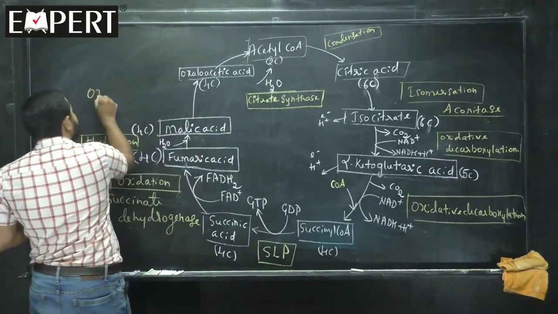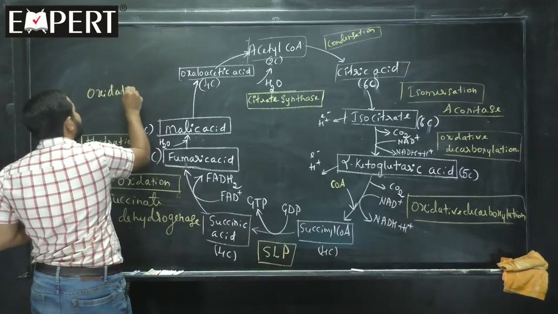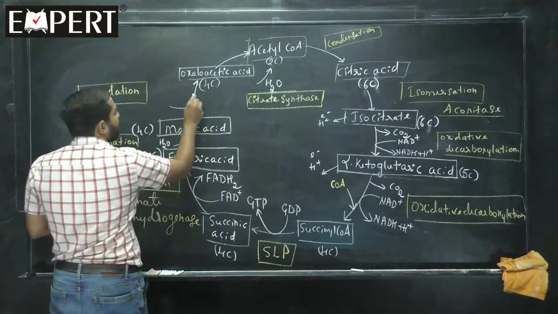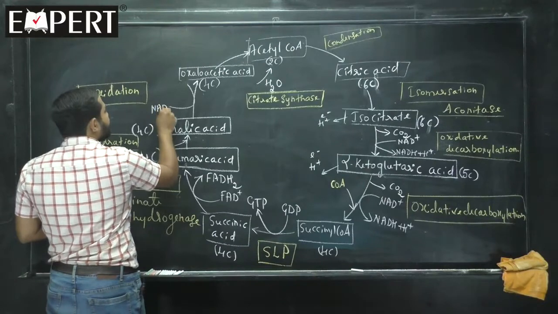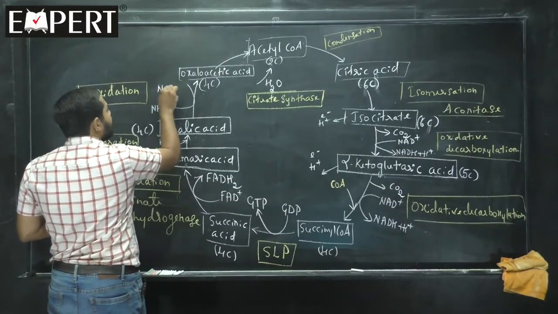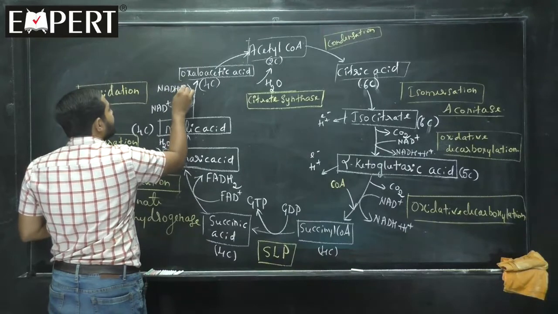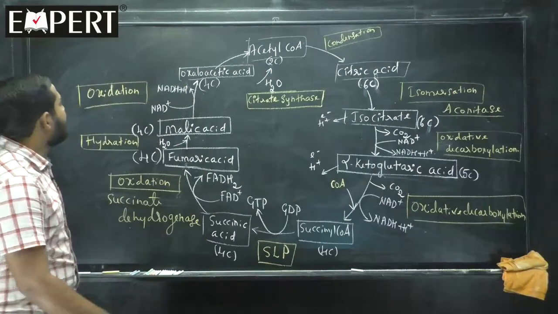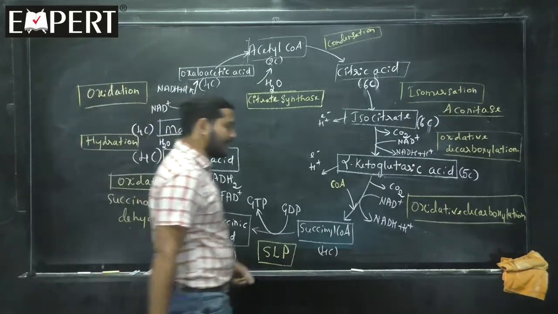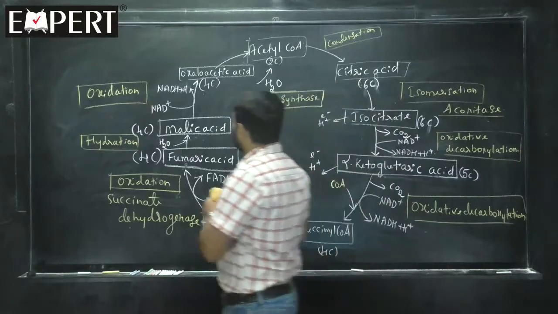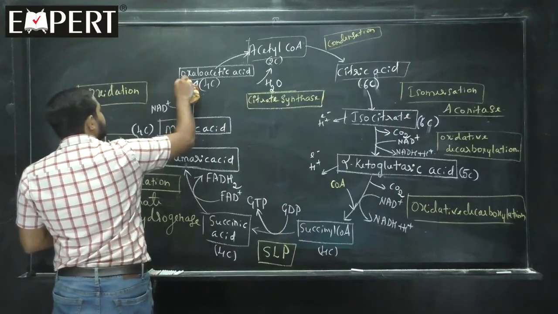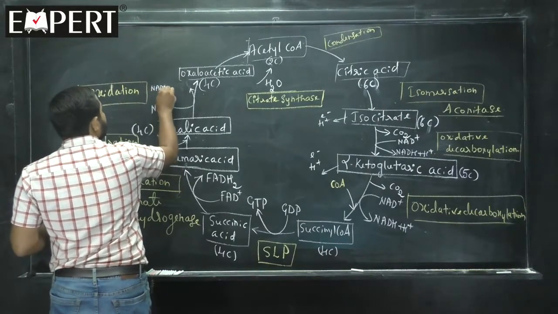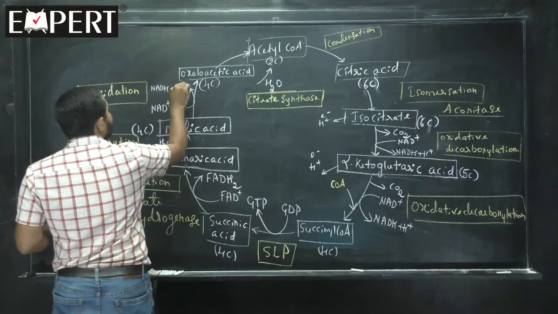During this oxidation step, there is production of NADH: NAD plus becomes NADH plus H plus.